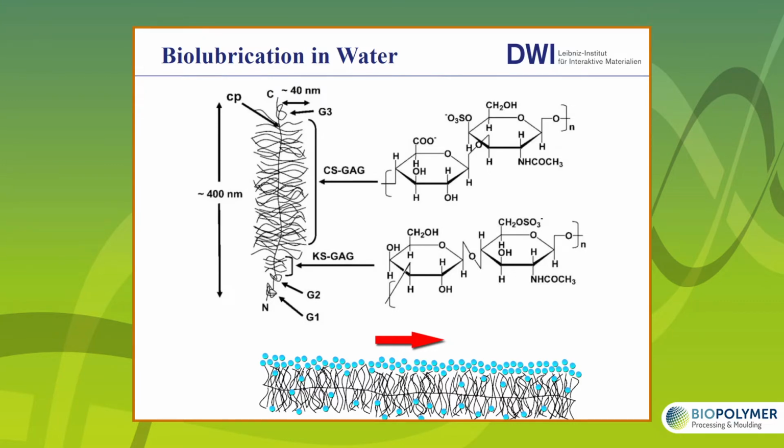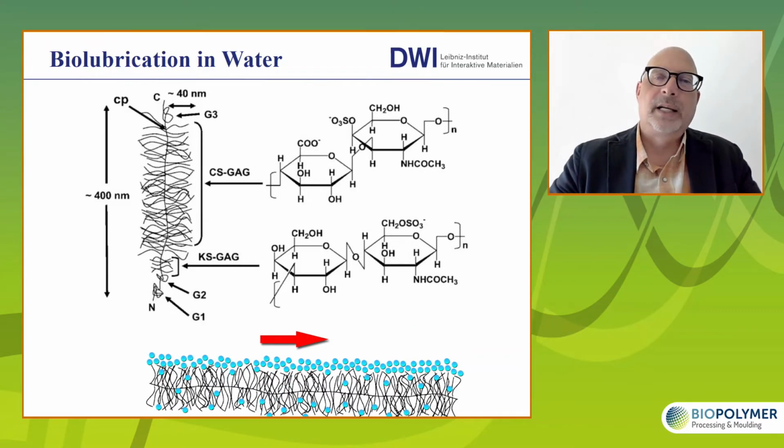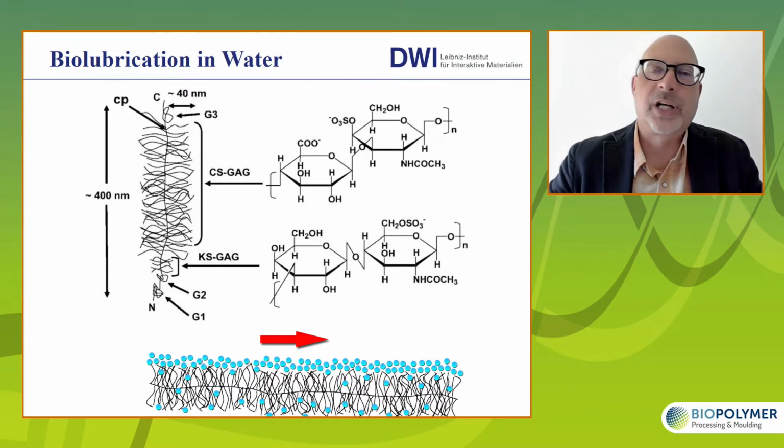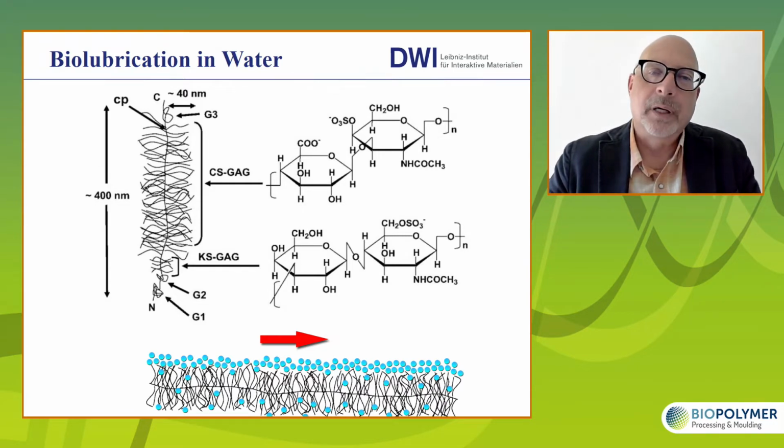And once these mucins are placed on the surface, articulating surfaces can easily glide against each other with very low friction. The current treatment is that patients usually get a spray of negatively charged polymers or mucins that are recovered from cows and pigs.